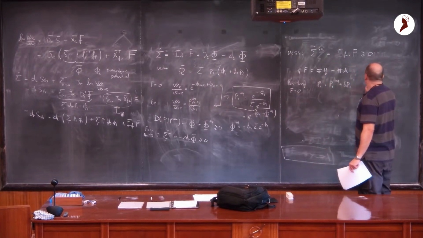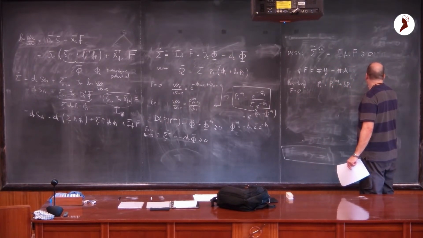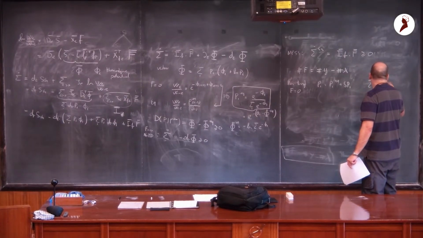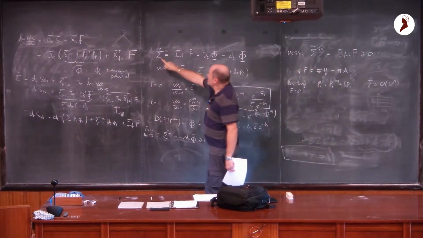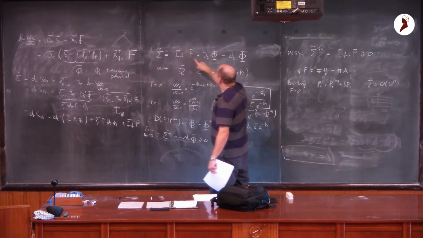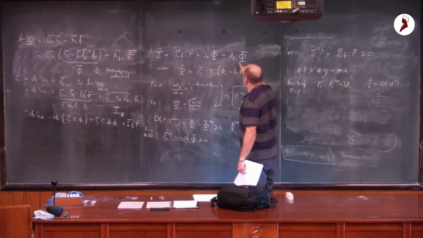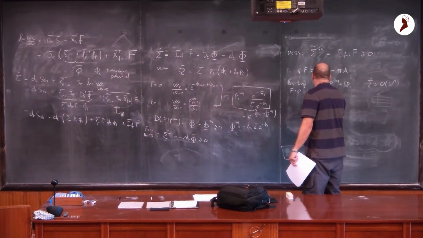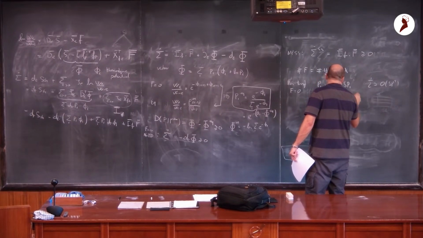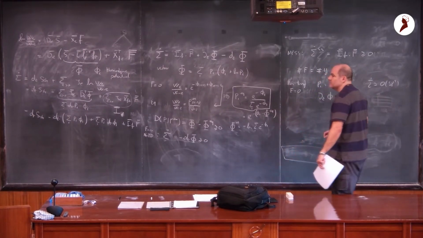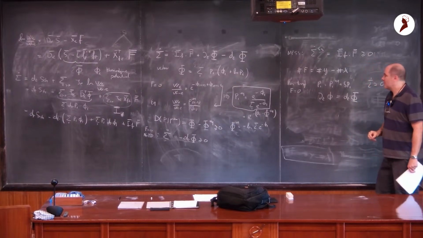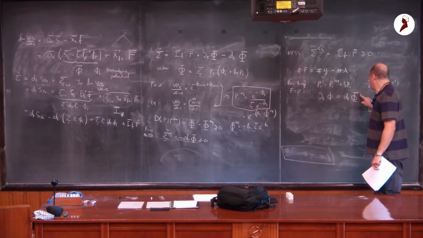Substitute this in the entropy production. Convince yourself that the entropy production is going to be of order dp squared. So this is of order dp squared. This is 0. This is of order dp. This is of order dp. So for a quasi-static transformation, I get that this is equal to this. And this will be the equilibrium one.